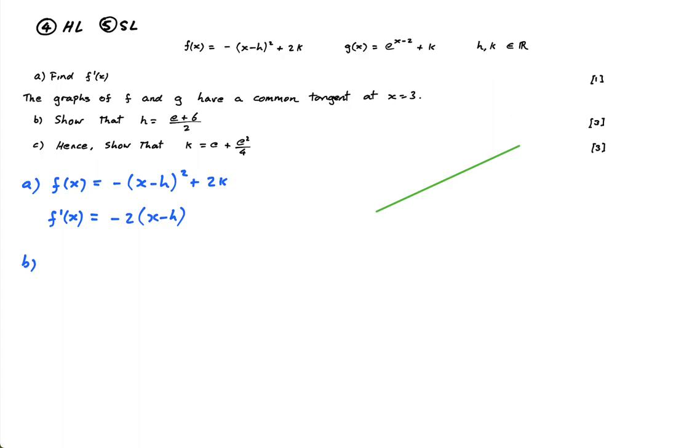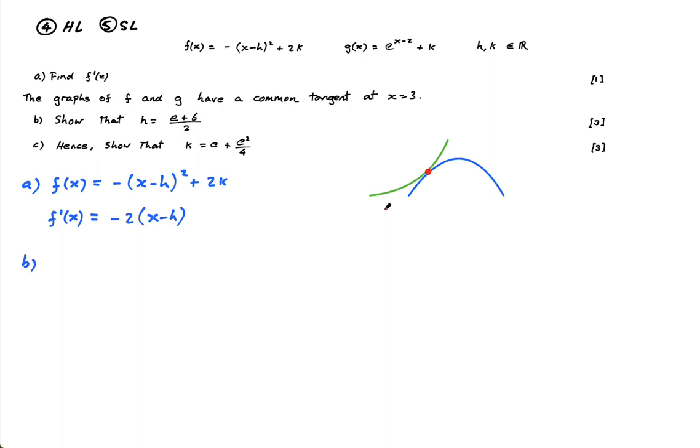So let me try and draw these curves to give you an idea what's happening. So this is a negative quadratic, something like that. And this is an exponential function that looks something like this. And they have a common tangent, let's say right here.